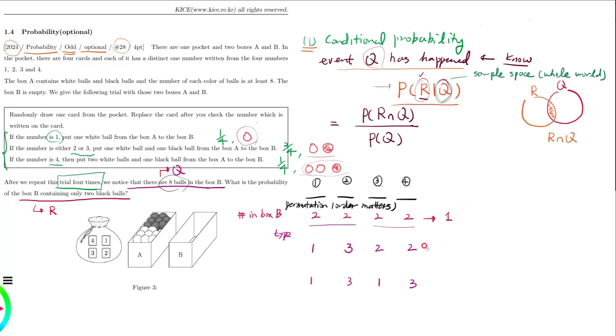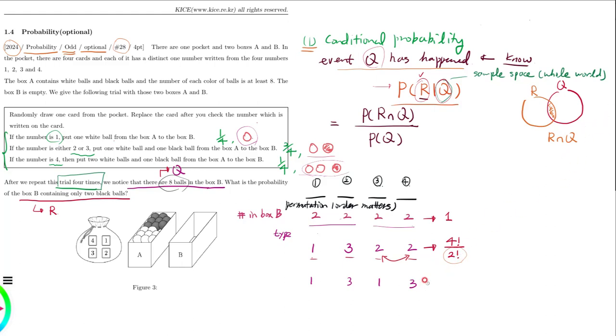In the case of 1, 3, 2, 2, from the perspective of permutation, we have 4 factorial over 2 factorial, because those two can switch their position, but it does not change the result, so we divide by 2 factorial.